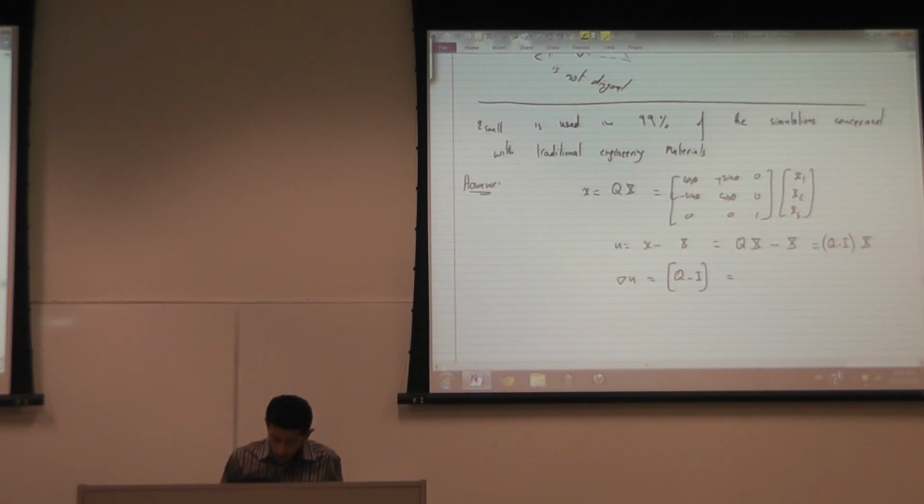So this is equal to cosine theta minus 1, sine theta, 0, negative sine theta, cosine theta minus 1, 0.